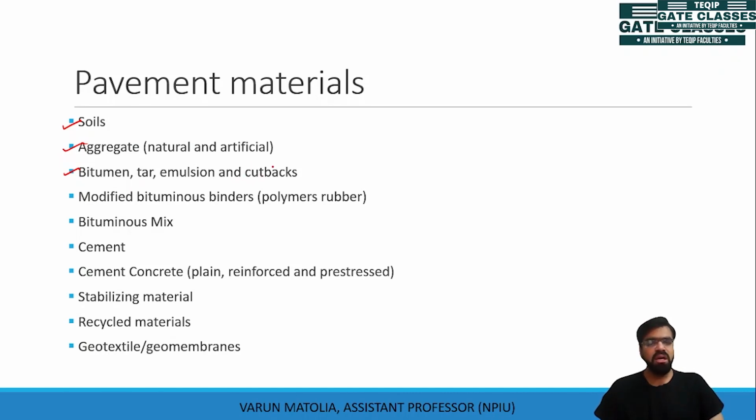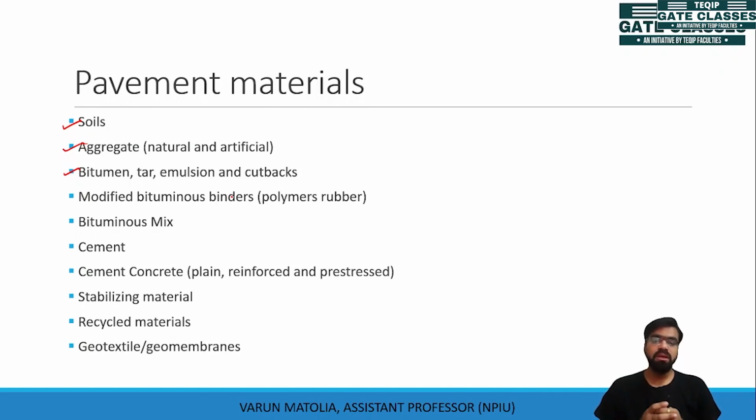These all are some kind of bitumen only, or kind of binder only. Then we have modified bituminous binder. When some additives are added into the bitumen in order to enhance its properties, then it is known as modified binder.